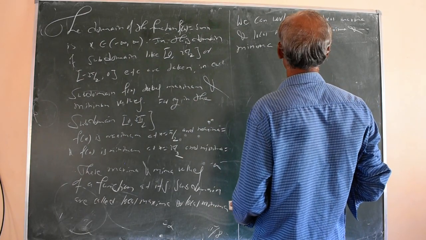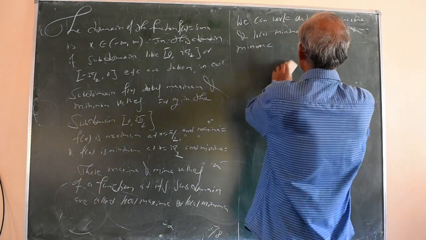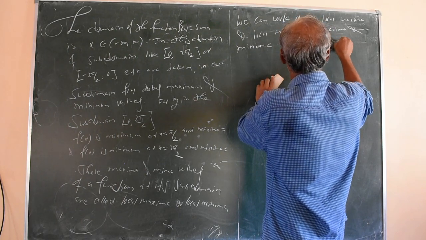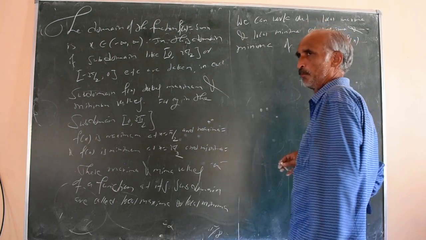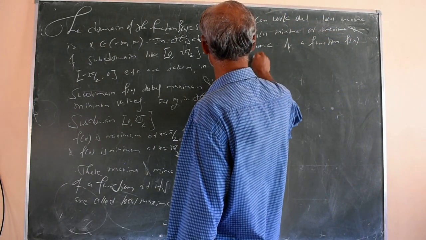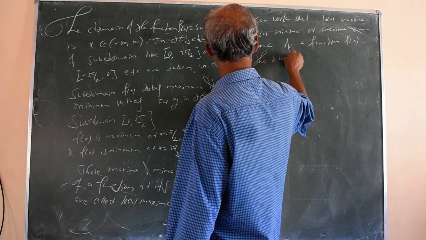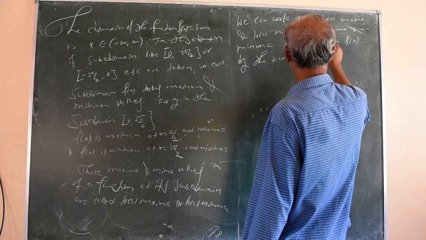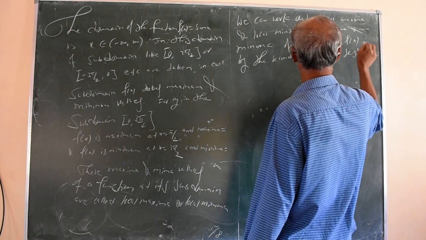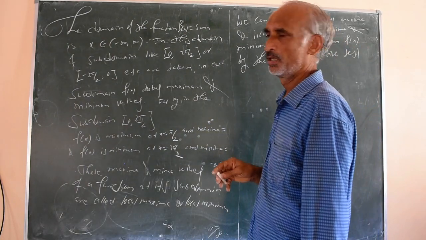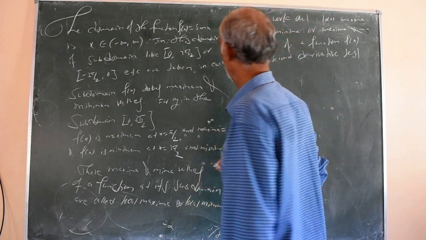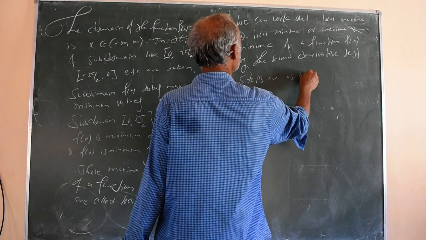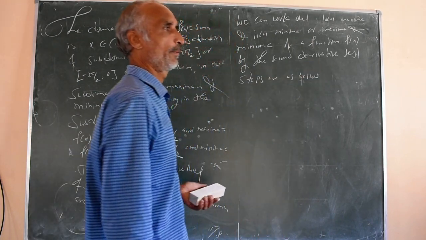We can work out local maxima and local minima, or maxima and minima, of a function f of x by the second derivative test. The method is as below. Steps are as below.